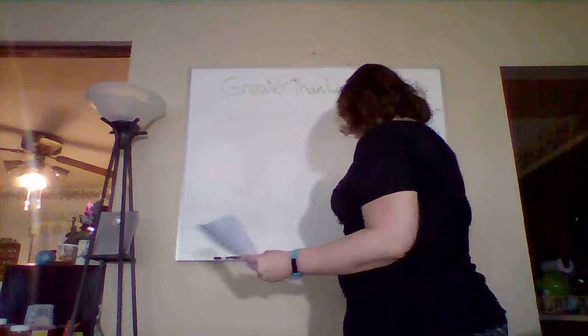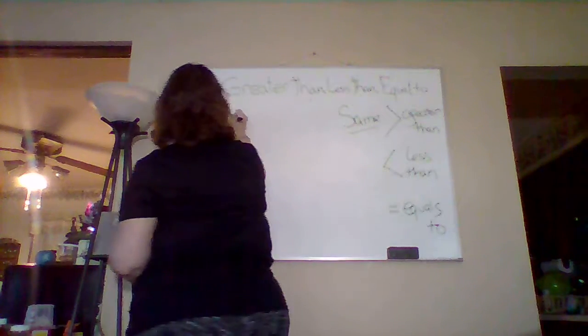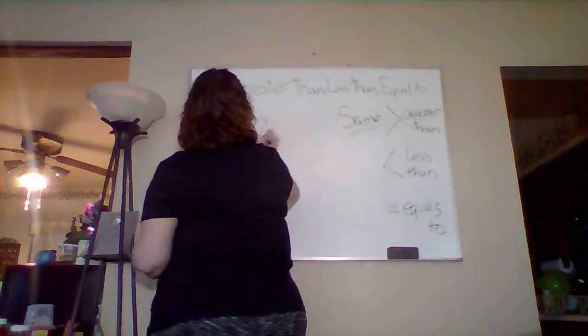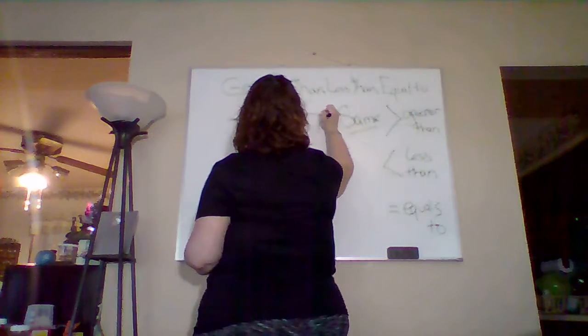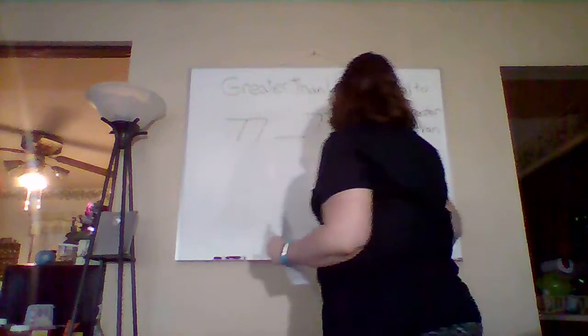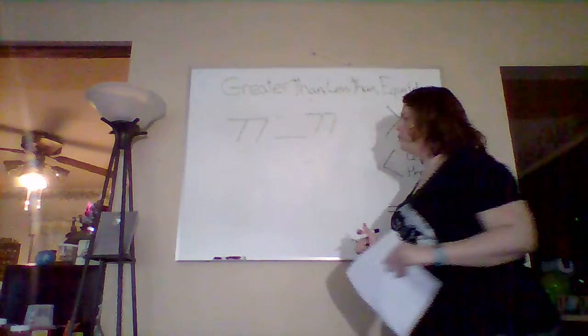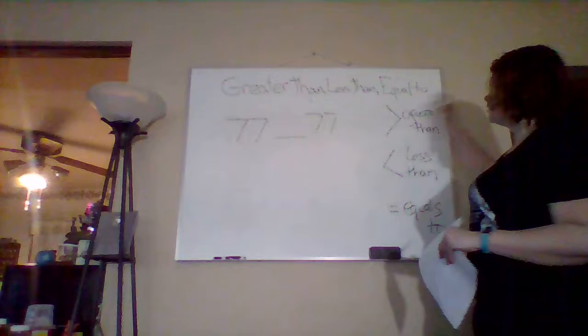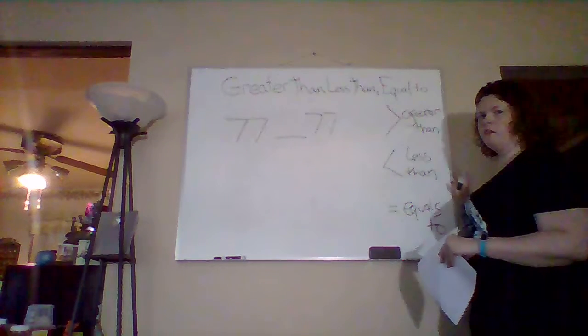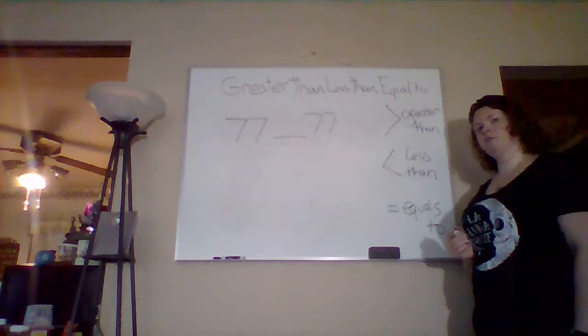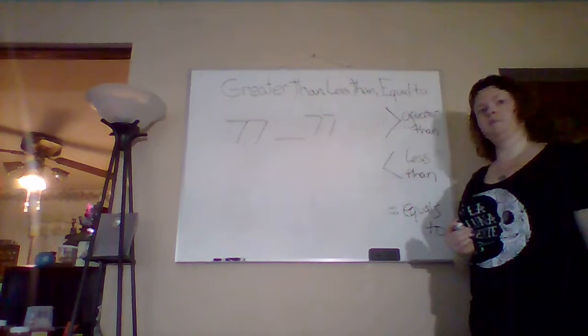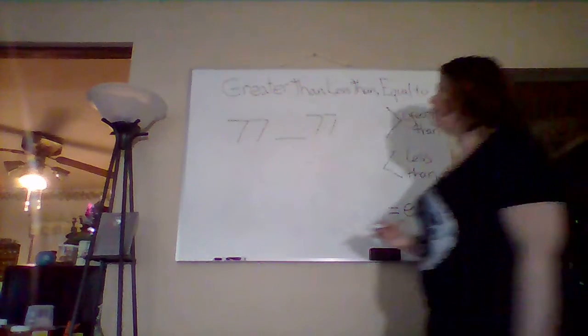Okay. So we'll do just 1 or 2 more practice problems, and then we'll move on to our worksheets. So what about this one? What do we think? What symbol would go in between? Greater than, less than, or equals to? Desiree. Equals to.